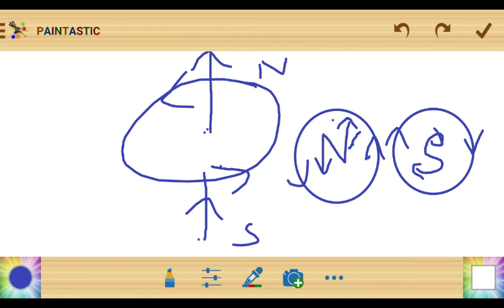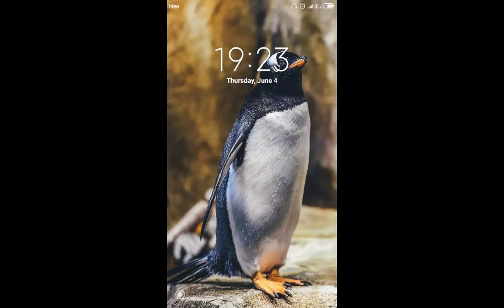So the loop in which current flows in clockwise direction acts as a south pole, and the loop in which current flows in anti-clockwise direction acts as a north pole. So this is the conclusion to find out the polarity of the magnetic field.